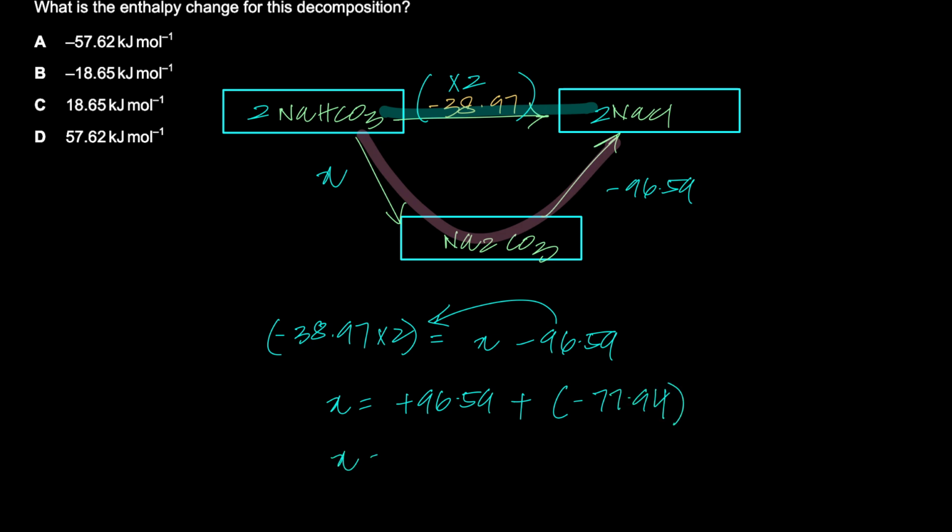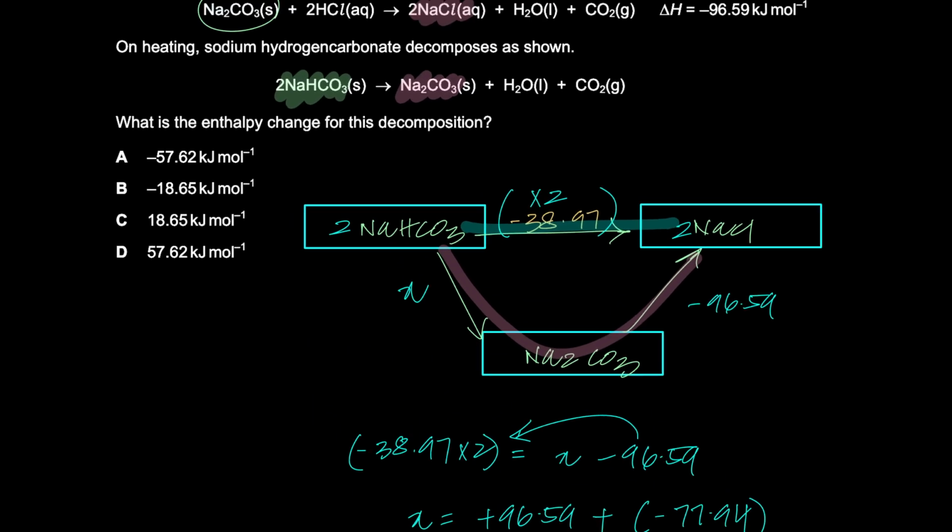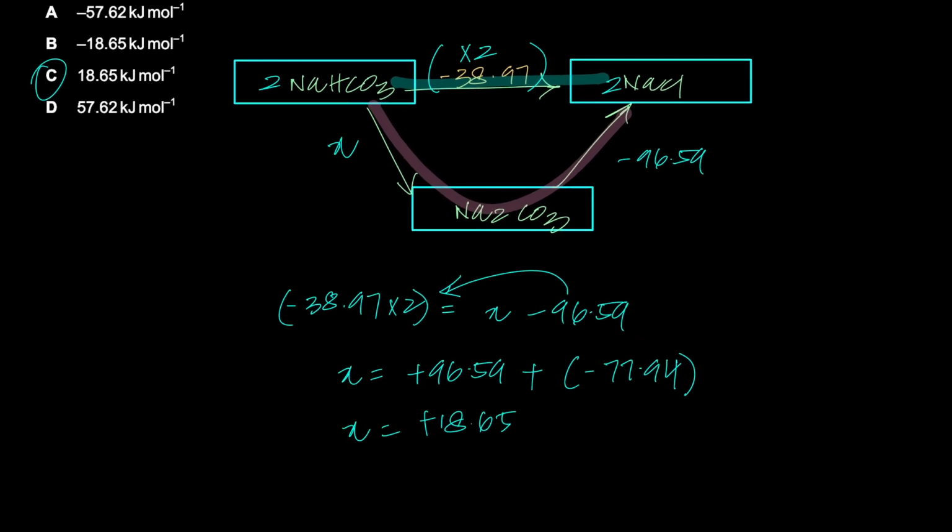So X equals plus 96.59 minus 77.94, which is 18.65. It's positive 18.65, and the answer to that is C. I hope it made sense. Easy.